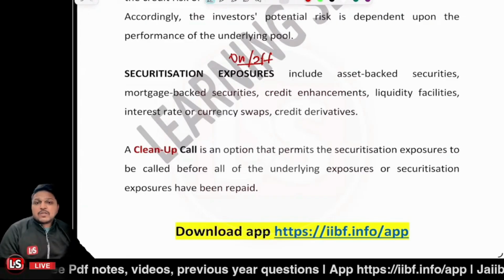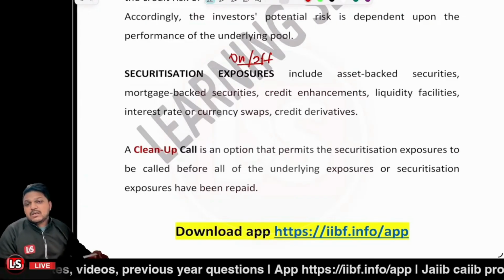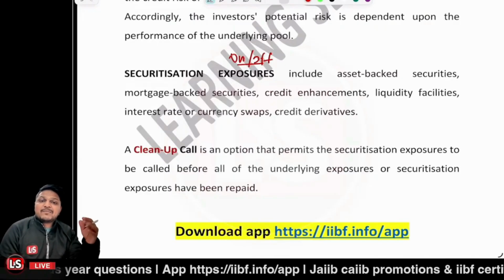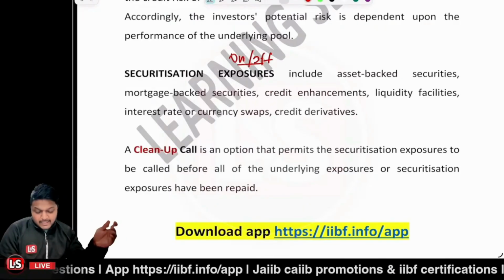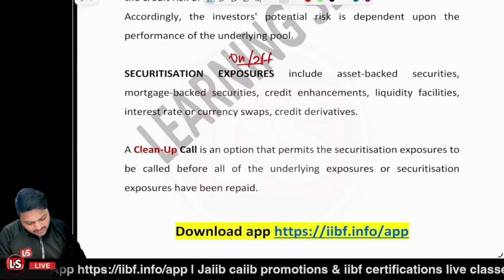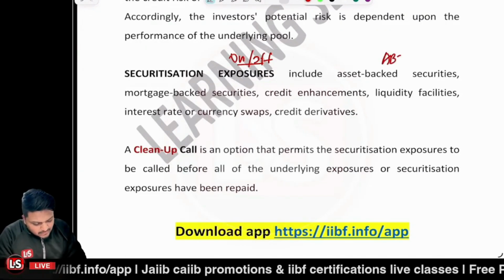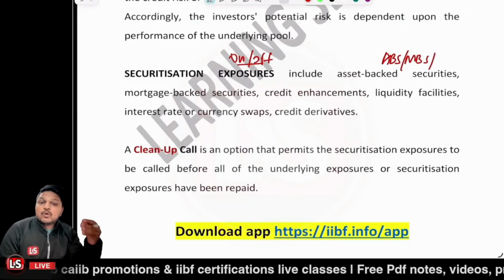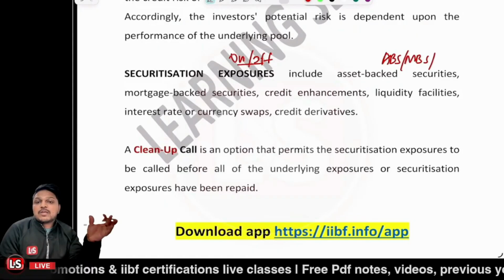And there are different types of securitization exposures. It could be ABS, that is asset backed securities, which are backed by a pool of loans or receivables. It can be MBS, that is mortgage backed securities, backed by residential or commercial mortgage loans.